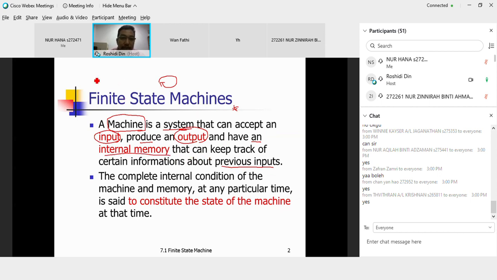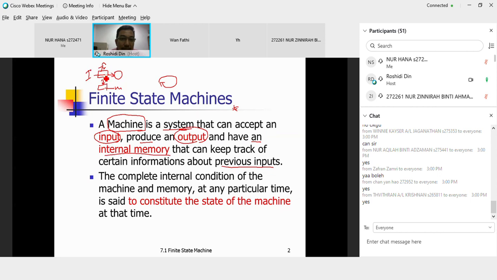So once we talk about machine, we have input, we have output, and we have a set we call memory. Once we process input to output, with this process represented by a function, we need to have memory.